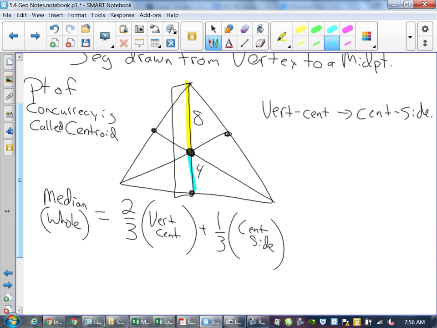So even though it has these crazy fractions thrown in here, there's easier ways to do it, depending upon what you know. Okay? So centroid to side is half vertex to centroid.